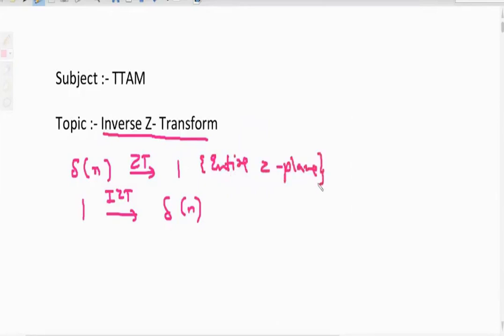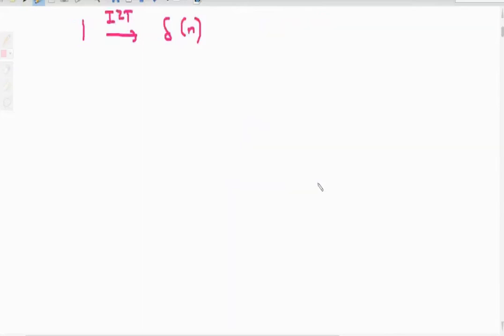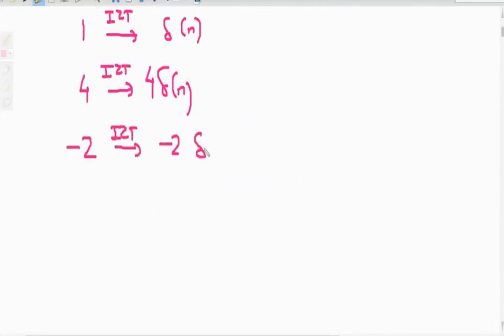Similarly, what will be the inverse Z transform of 4? It is nothing but 4 times delta n. What will be the inverse Z transform of minus 2? It is nothing but minus 2 delta n.